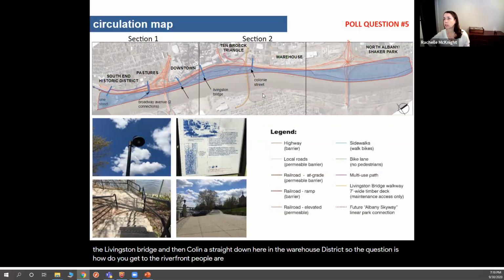People are all answering now. The options are walk, take a bus, ride a bike, drive a car. It looks like from the poll that most people are driving a car.